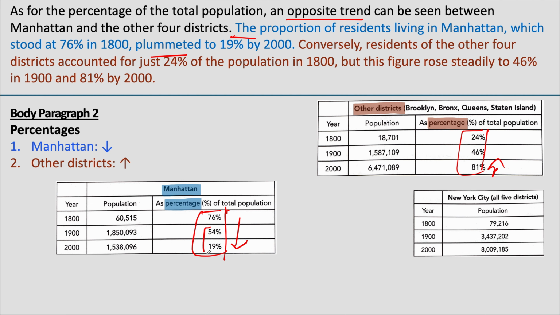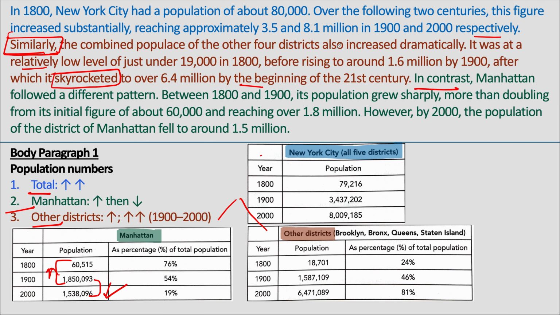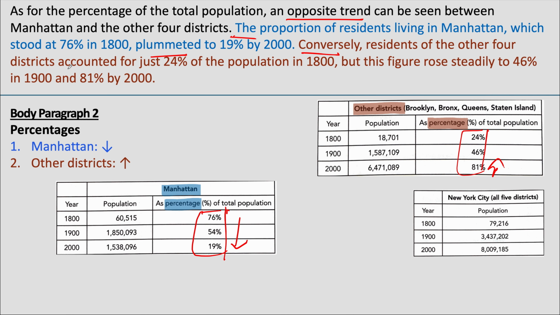Between 1900 and 2000, there is a major drop. The contrast word we have used is conversely. It means the same as in contrast, which we have used in the previous paragraph. We have used phrases like accounted for and this figure, which we discussed in the vocabulary section of this video.